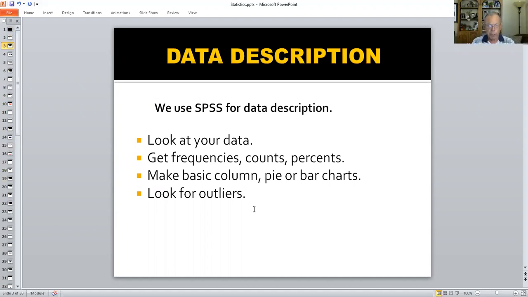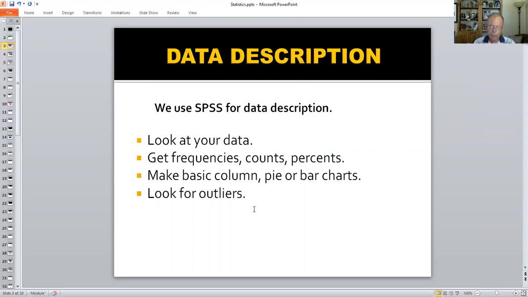We have to look at our data, and then we begin to use some of SPSS's features about frequencies, counts, and percents. This is going to help us to decide if we have missing data, bad data, data that is simply wrong, if we have outliers. It helps a whole lot in the very early stage to begin to make column, pie, or bar charts.